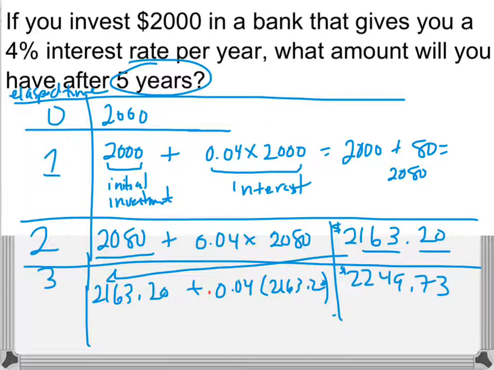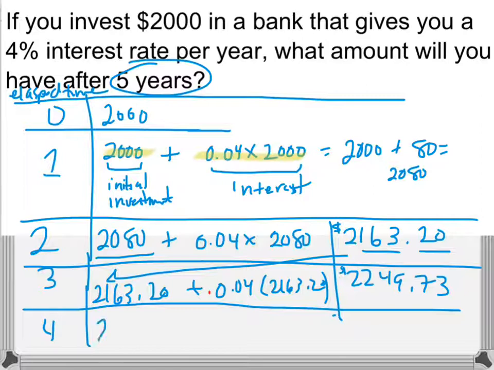Okay, another way of doing this very same thing is, instead of taking the initial amount plus 4% of the initial amount, or 4% of the amount that you have from the year before, you can do this in one swift calculation. Okay, so let's do it for the next year.